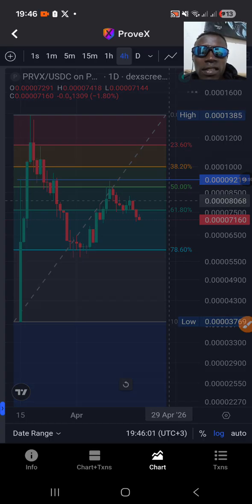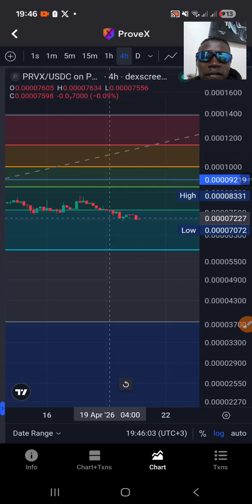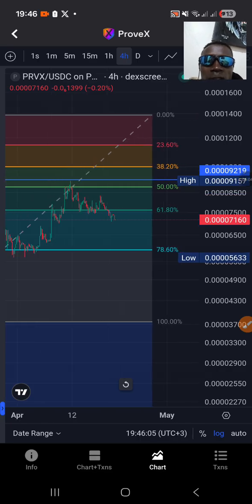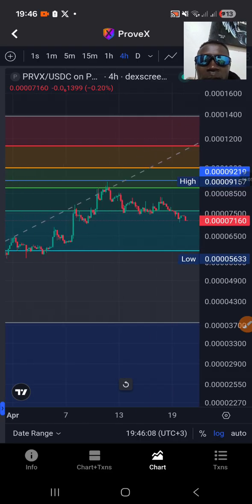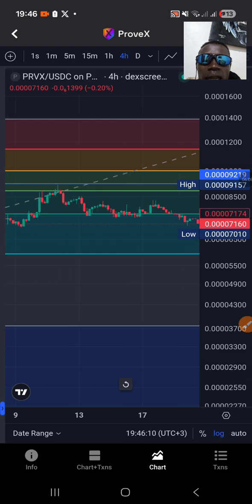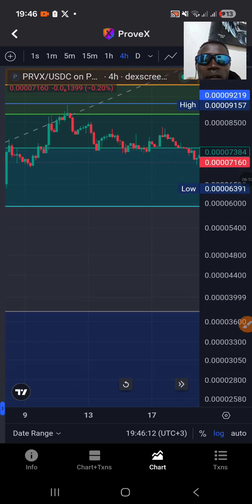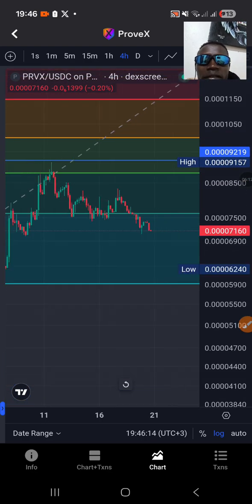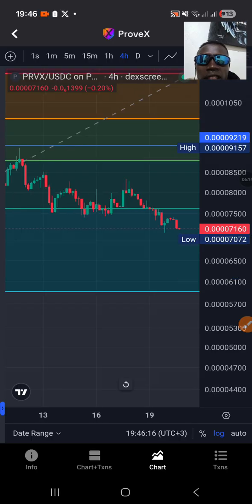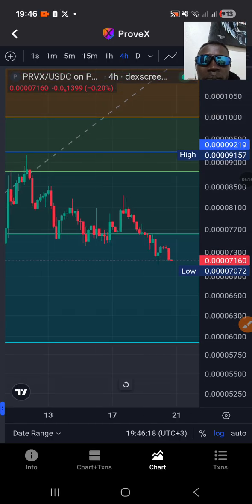You can even see now in the 4 hours. For this one, you are not going to do a lot of downward analysis, but in the 4 hours you can see how price has been dropping.